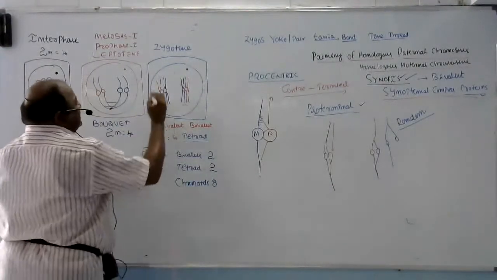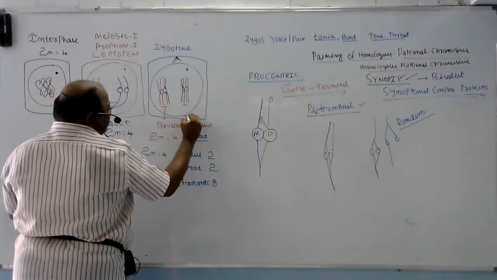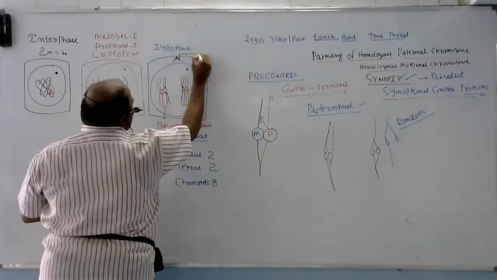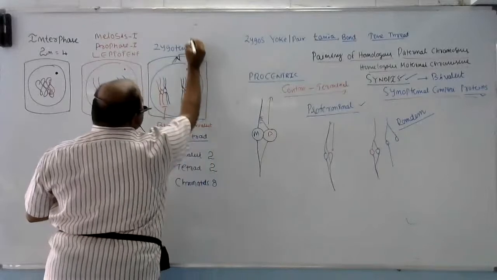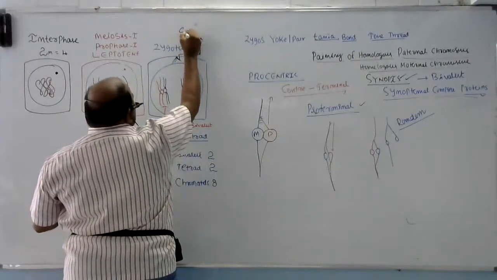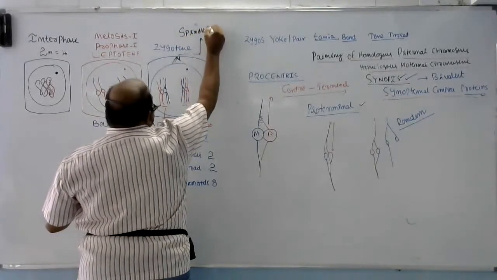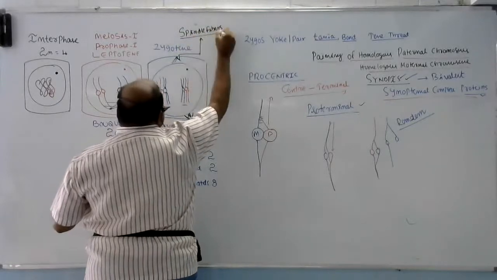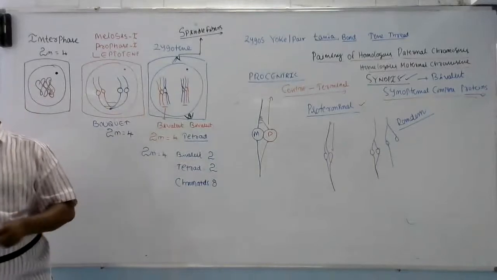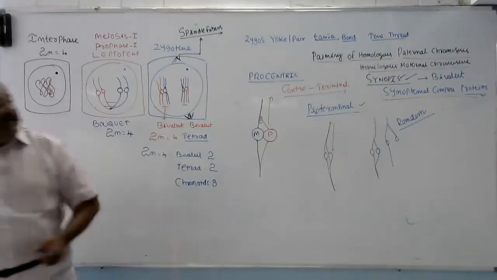During this process, structures useful for the locomotion of chromosomes are formed. The spindle fibers formation also takes place at the zygotene stage. Okay, that is the thing.